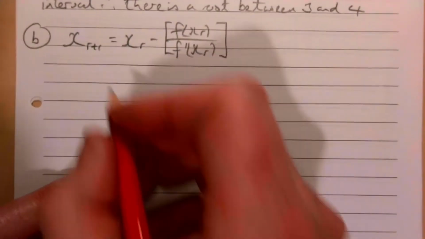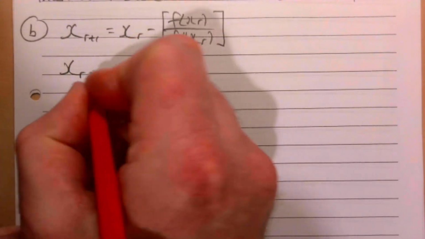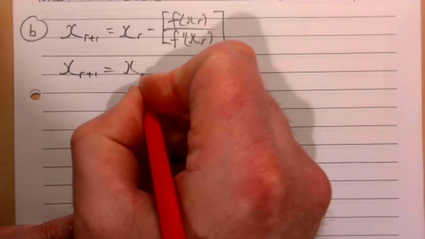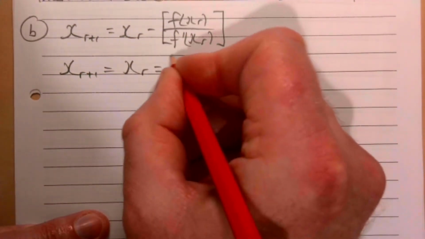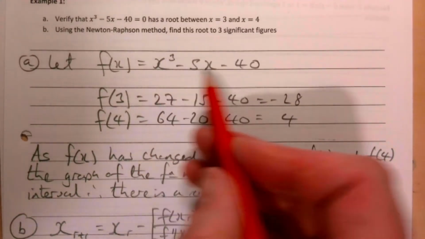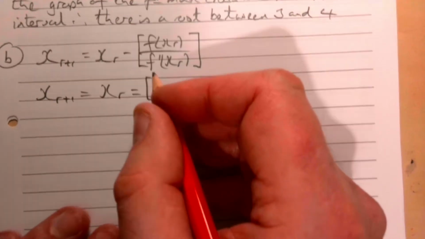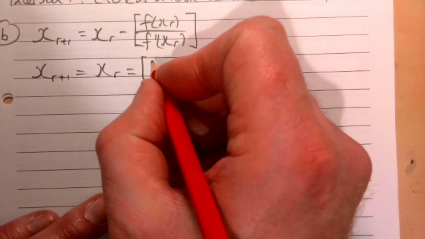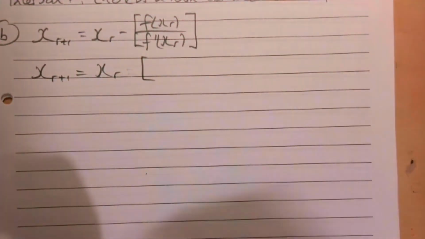In this case, x r plus 1 equals x r minus our function, x cubed minus 5x minus 40. Sorry, I've made a wee mistake here, obviously that's a takeaway rather than equals.